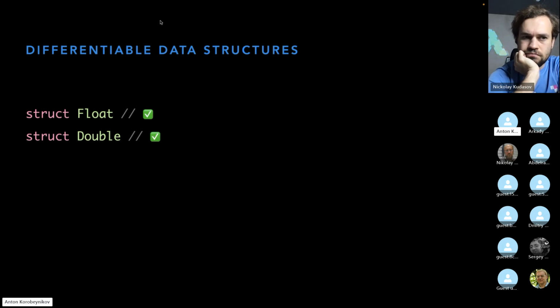So, real numbers are differentiable, and these are represented by floating point types like float and double. The reason why they're structs in Swift is an interesting implementation detail, but for us it's plain float and plain double, single precision and double precision floating point numbers.